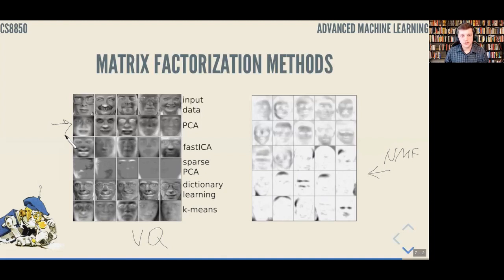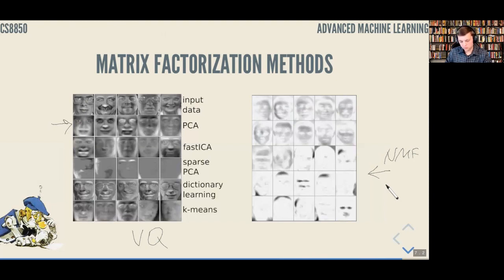Vector quantization says, find me a cone of faces surrounding all possible faces, just a few faces, such that by convex combination of just those real faces, you can represent everything in the data set. I didn't talk about it at all, but that's an important, kind of forgotten concept, and it's still good to know. NMF can automatically give you sparsity because non-negativity and sparsity are related, but not always.